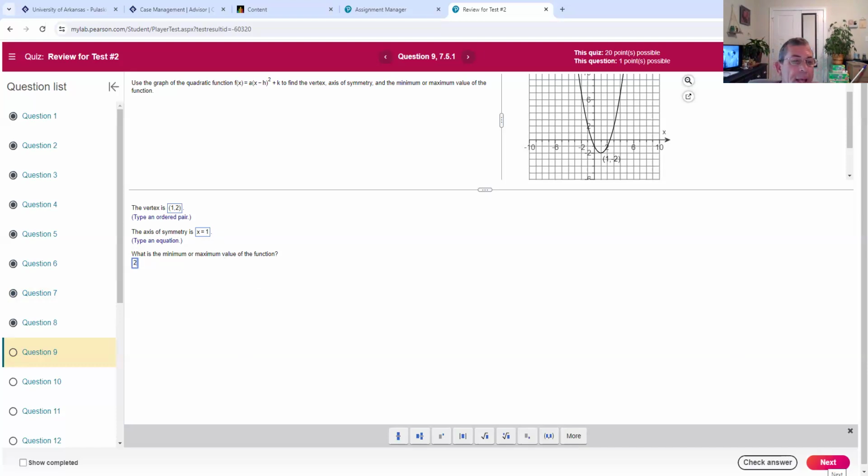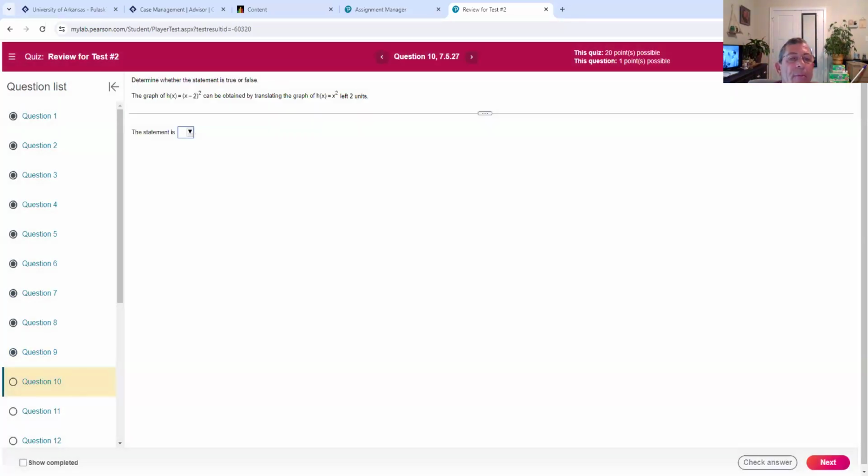All right, y'all, so then we hit next. So we probably got more, so let's see if this is true or false. The graph of h of x equals x minus 2 squared can be obtained by translating the graph h of x equals x squared, so they're telling us the basic graph is x squared, by moving it left 2 units.